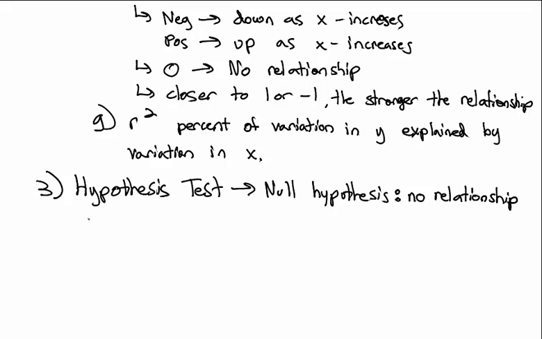In other words, you're going to see H naught is that rho, looks like a capital P, it's the Greek letter rho actually, is equal to 0. And rho is a measurement of the relationship. The alternate hypothesis is always going to be that rho is not equal to 0. And if rho is not equal to 0, then there is some relationship. Strong or weak, there is some relationship that we have established.